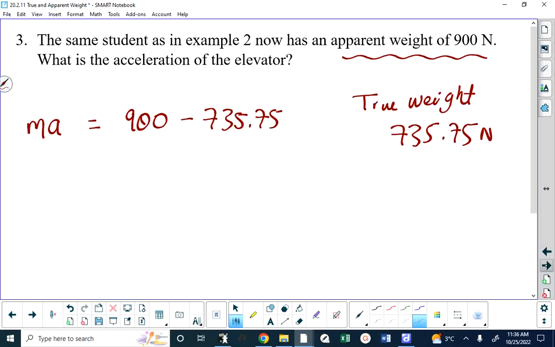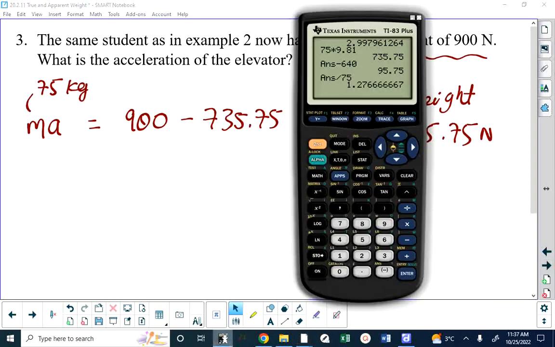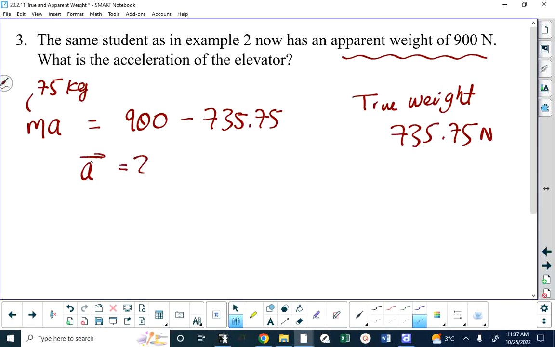And again, this mass is 75 kilograms. So it's just a matter of subtracting those, dividing by the 75, and then saying it's an upward acceleration because your apparent weight is greater than your true weight. So I'm going to say the acceleration is 2.2 meters per second squared, and this time it is upward.